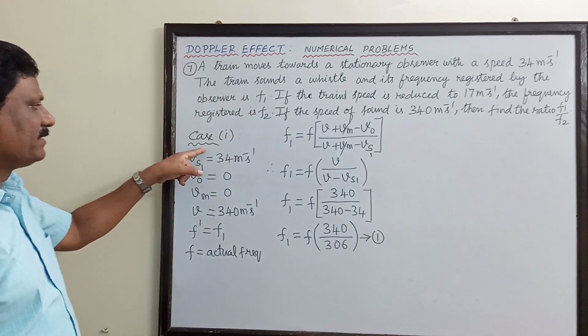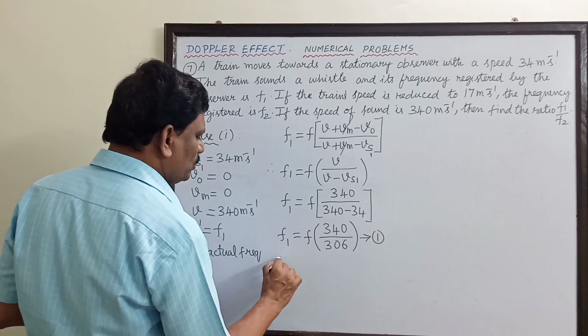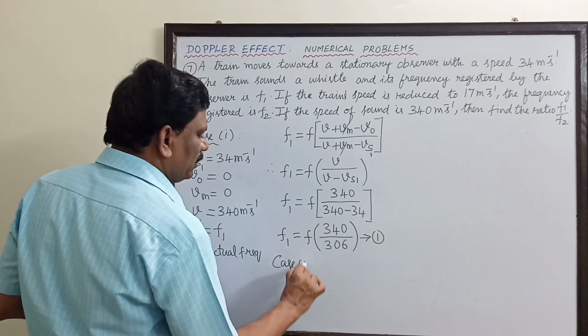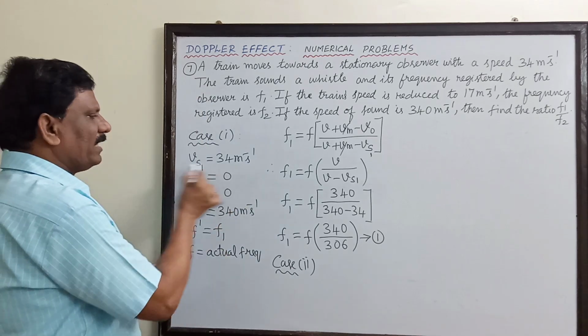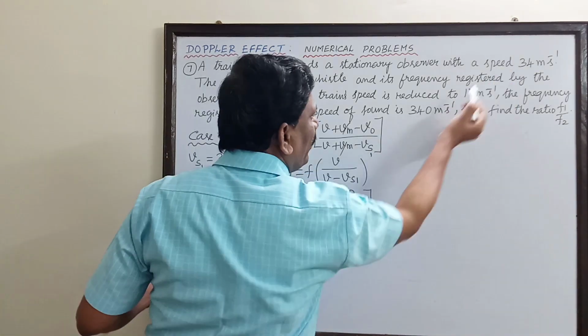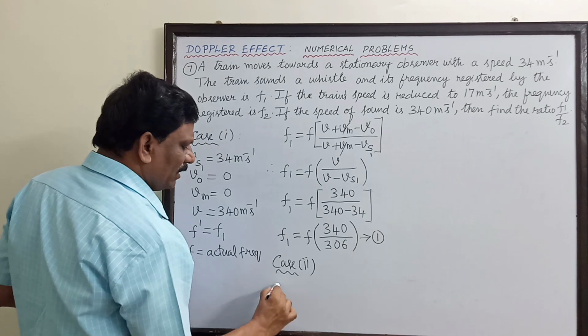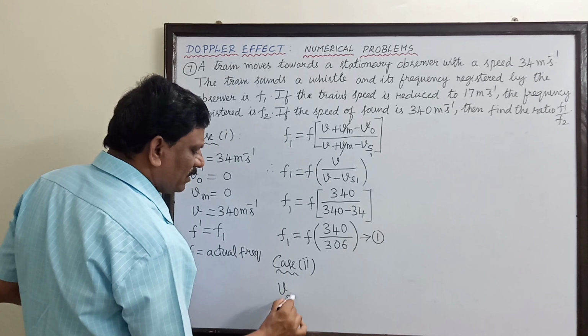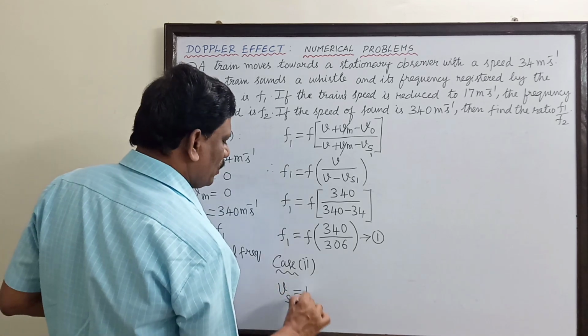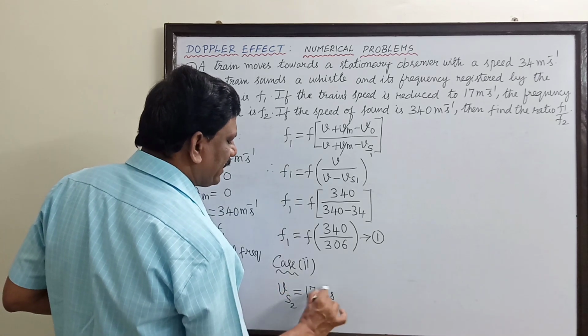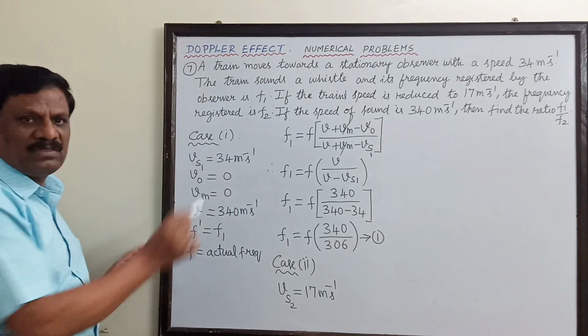Now case 2. Only one factor is going to change, the velocity of the source. Instead of 34, we take 17 meters per second, so the velocity of the source in this case is Vs2, which is 17 meters per second. All other values are not going to change.